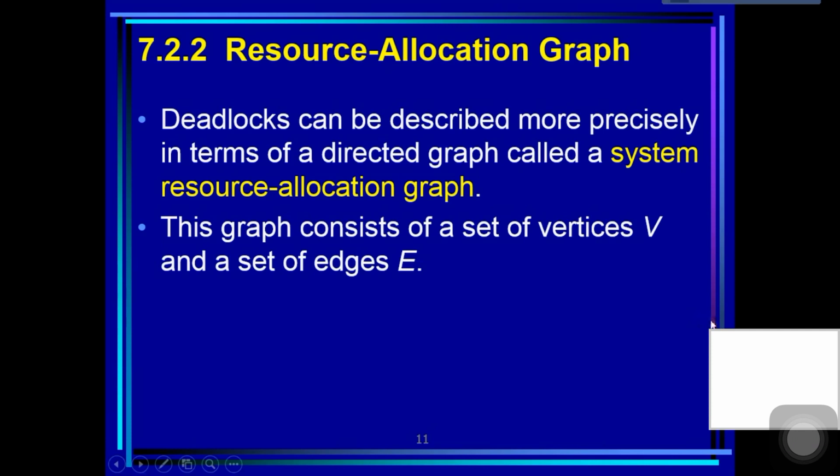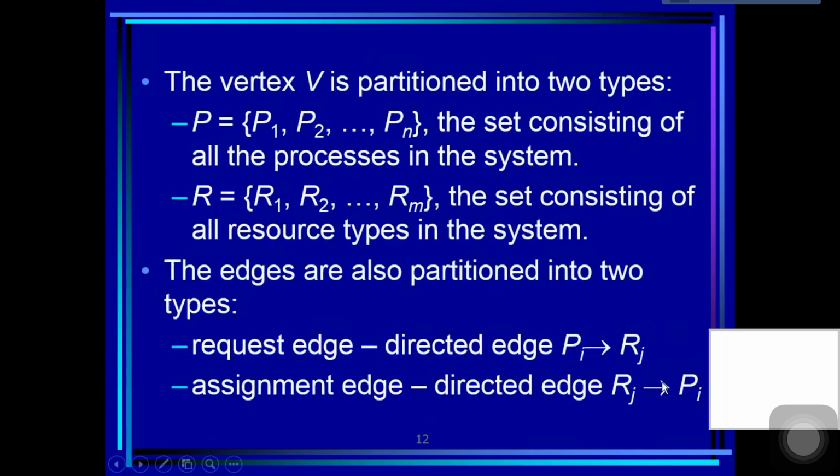The set of vertices V is partitioned into two types of nodes: P, the set consisting of all the processes in the system, and R, the set consisting of all resource types in the system.